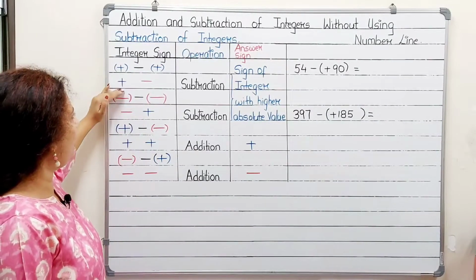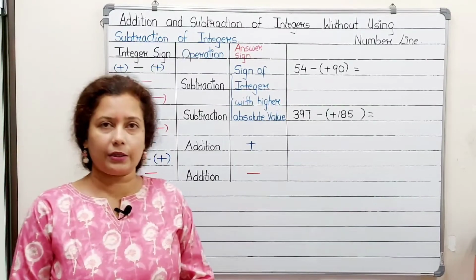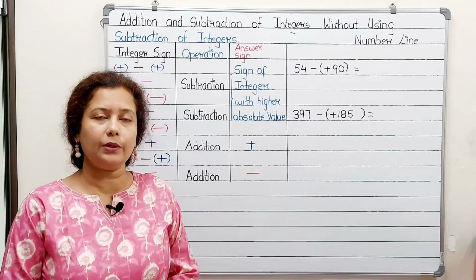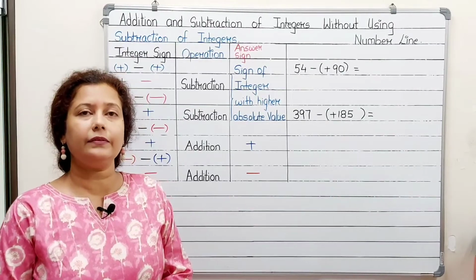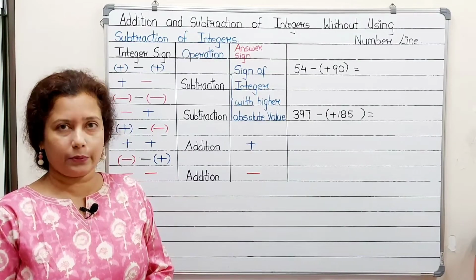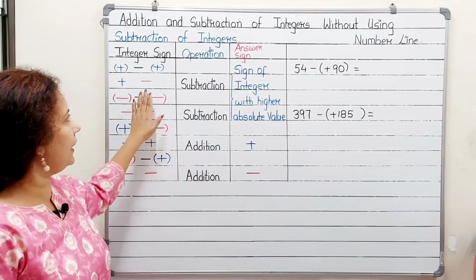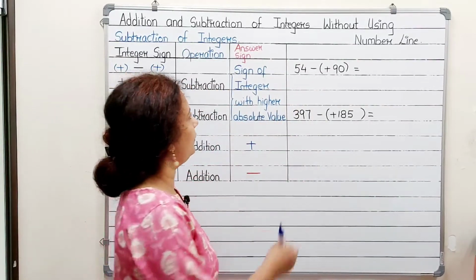So here one is positive, one is negative. So we do subtraction. We subtract the absolute values of the integer, and to the answer we give the sign of the integer which has a higher absolute value. So here we will understand this with the help of few examples.